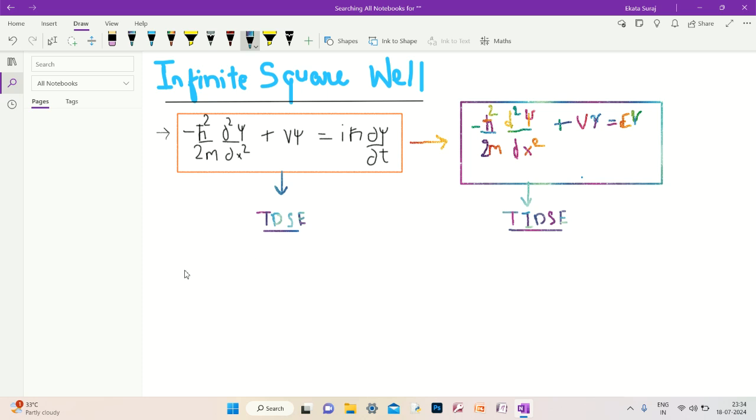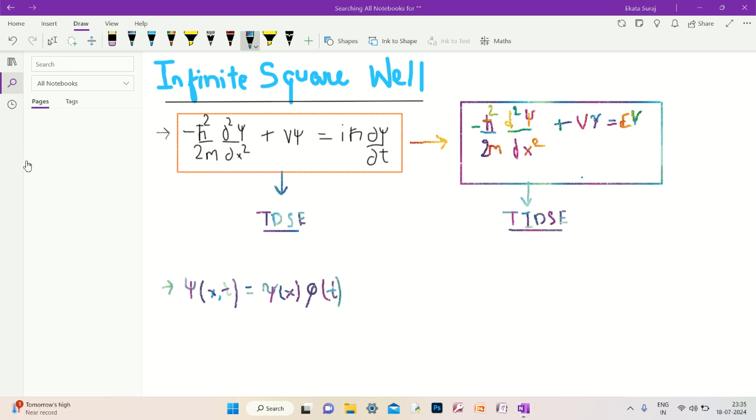Let me write it clearly so you can distinguish them: psi of x and t is equal to this form of the wave function, a position dependent part into a time dependent part.